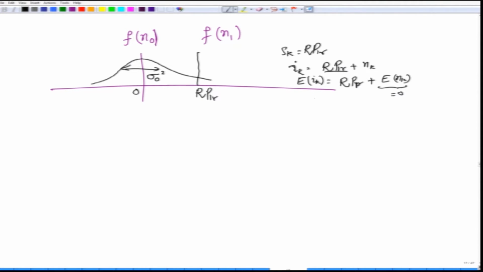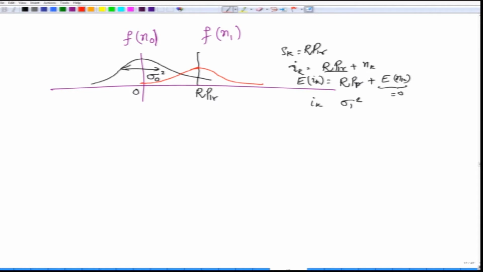However, the variance of this process Ik when you have transmitted bit 1 is given by sigma 1 square. Therefore, the distribution corresponding to this one will be different, and it actually has a variance that goes something like this. Okay. So, these have actually different heights simply because sigma 0 square is less, therefore, its variance should be smaller, but the area under this curve f of n0 or f of n1 should be equal to 1.